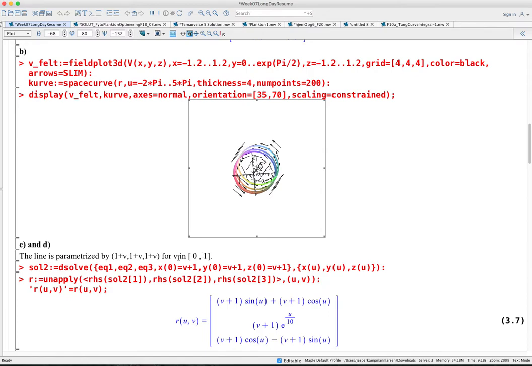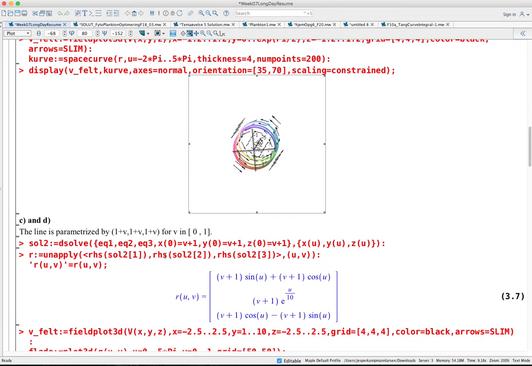If v is 0, then the point is 1, 1, 1, and if v is 1, then you have 2, 2, 2. So this is the parametric representation of this line segment.